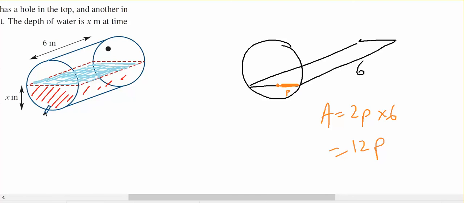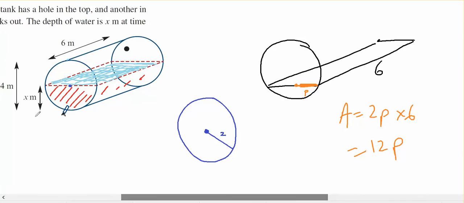What I'd like to do is use my circle to get an expression for P. So if I have my circle, I know that from there to there is 2, because the radius of this circle is 2, because the diameter is 4.